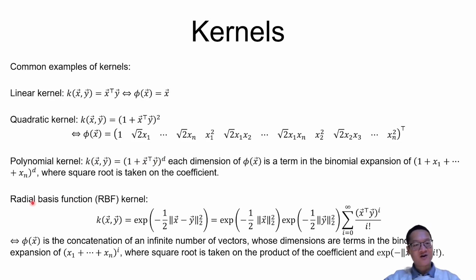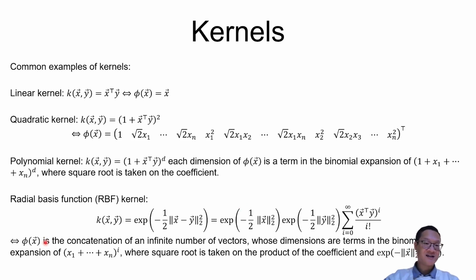And finally, a very common feature is called the radial basis function kernel. So this kernel is equal to exponential of -1/2 ||x - y||_2 squared. This is pretty easy to compute, but it turns out that the feature itself is an infinite dimensional vector.